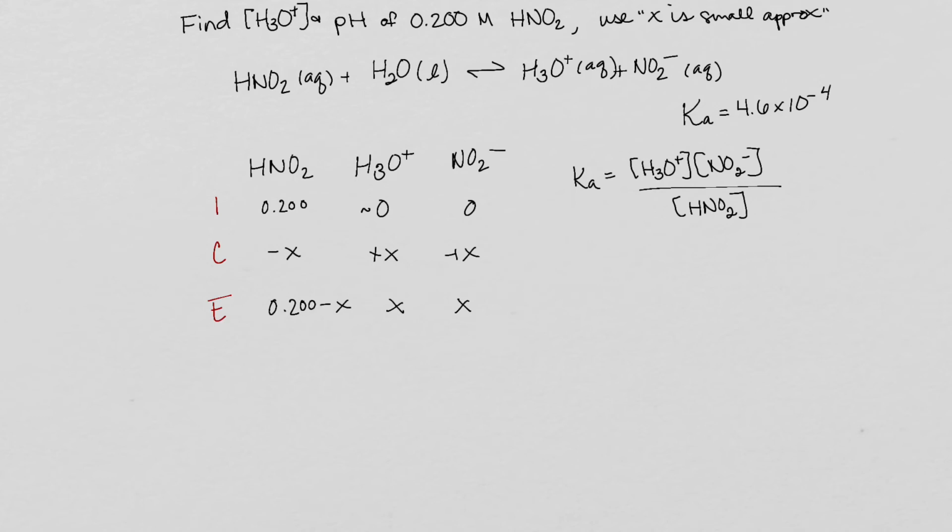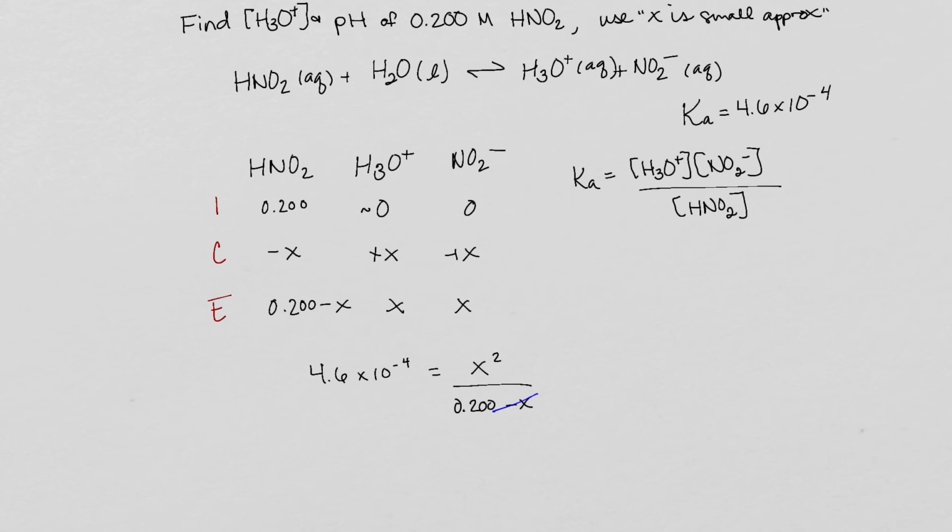So we can set up our expression of 4.6 times 10 to the minus 4th equals x squared over 0.200 minus x. Now remember, we're going to use that x is small approximation, so we can ignore this guy right here. And so we just have to multiply both sides by 0.2 and take the square root.